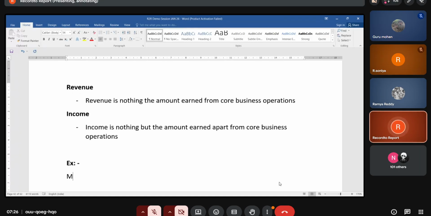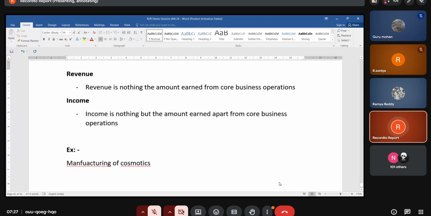My company's nature is manufacturing of cosmetics. So my company is doing the manufacturing of cosmetics. What is the nature of my company? Manufacturing of cosmetics.